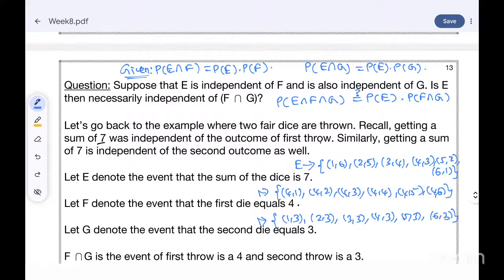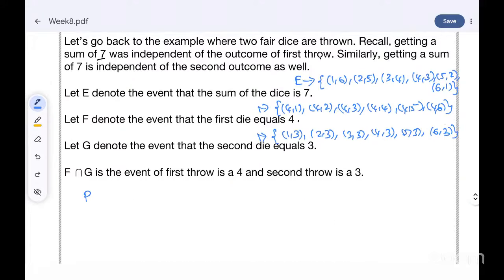So you can clearly see that probability of E, probability of F, probability of G, everything is 6 by 36. Correct? Also, probability of E intersection F is 1 by 36.